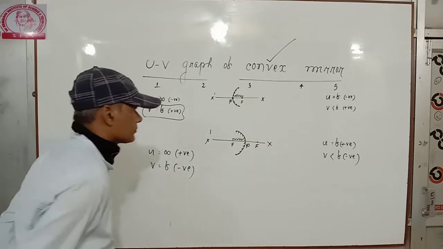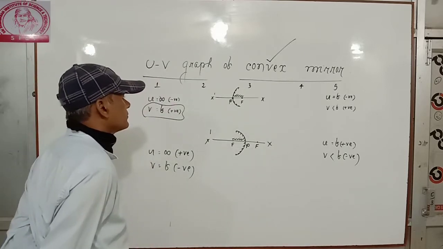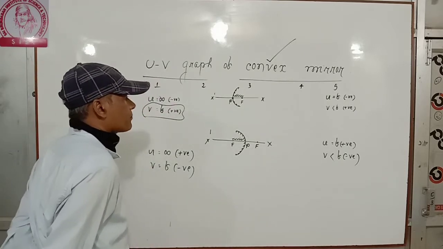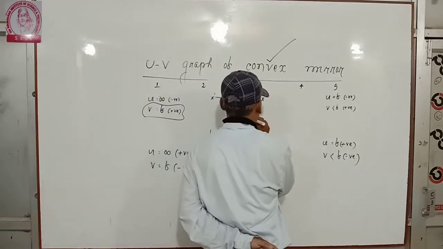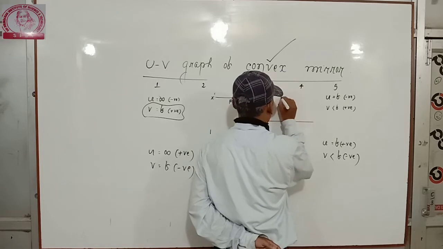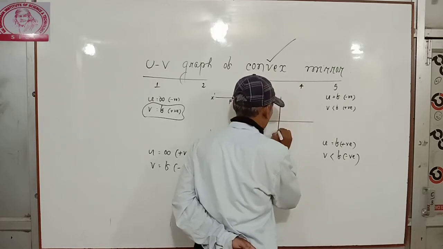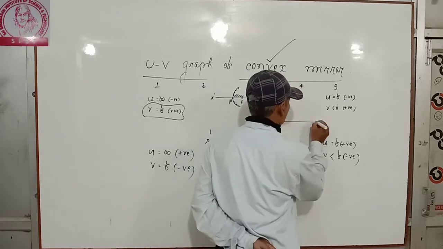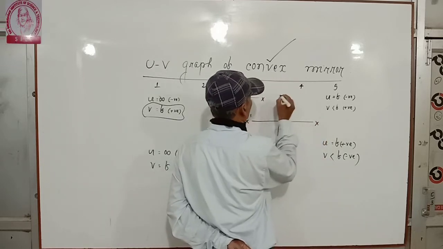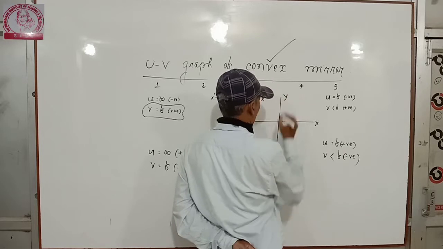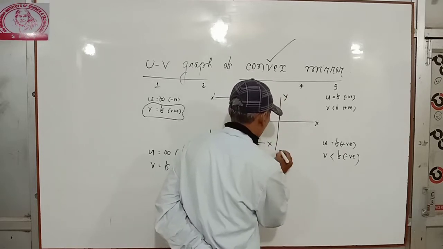See now, we have to draw a two-dimensional coordinate system. This is X, this is X dash, this is Y, this is Y dash.